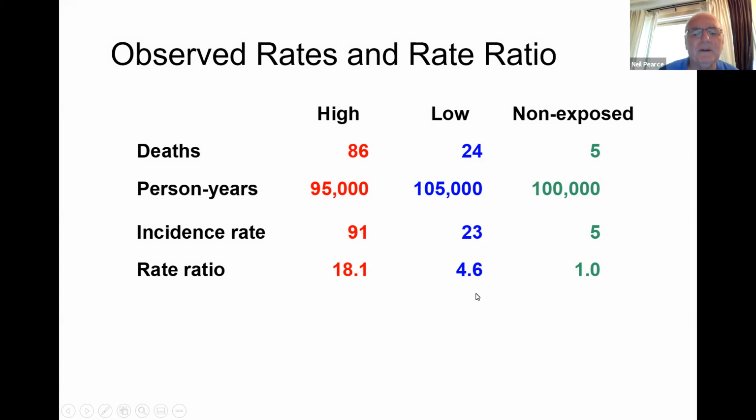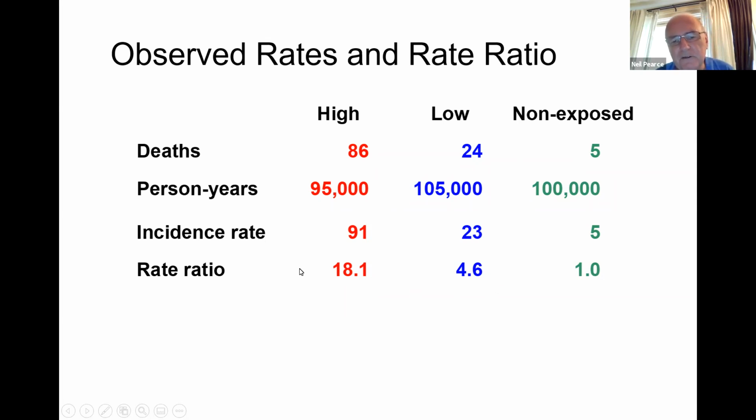So it's actually gone up. And that's not surprising because the low exposed group is really a mixture of mostly low exposed people, but a few high exposed people. So you get a higher rate ratio when you compare them to the group with no exposure. High exposed, they're a mixture of high exposed and some low exposed. So you get a reduction. It goes down from 20 to 18.